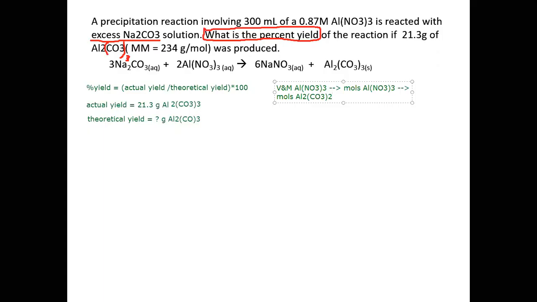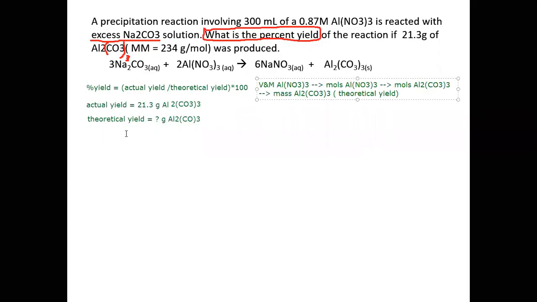Once we find moles of aluminum carbonate, we can find mass of aluminum carbonate. The mass of aluminum carbonate that we find is called the theoretical yield. Once we know the theoretical yield, we can plug it in because we already know the actual yield, and then we can find the percent yield. Let me set up my train tracks. I'll leave plenty of space for this one.